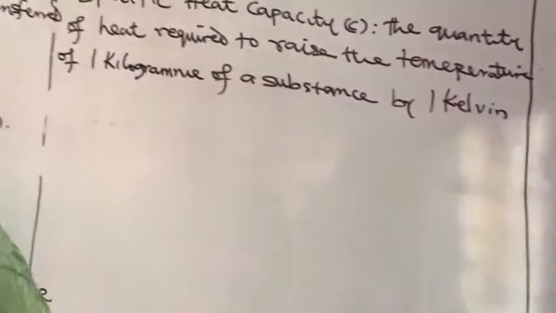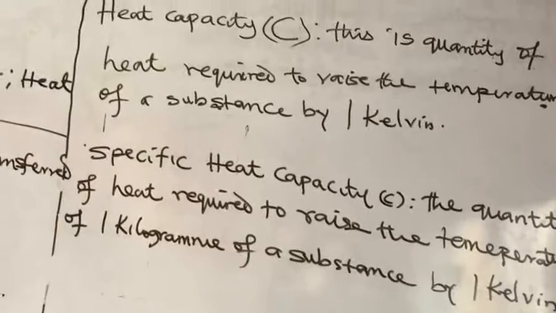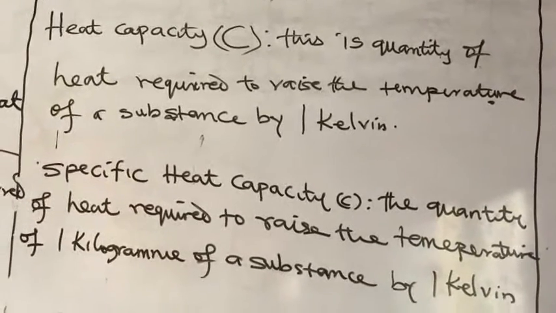So the difference is that heat capacity deals with the whole mass, while specific heat capacity deals with 1 unit mass, which is simply 1 kg.